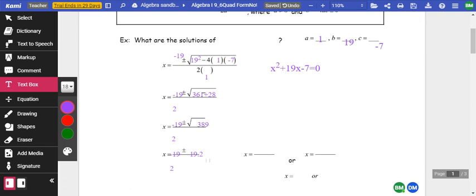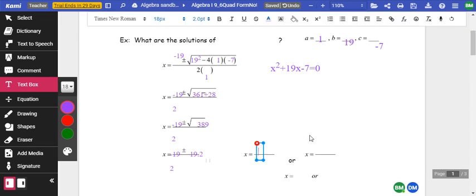I'm just going to divide it by 2, so we've got 0.362. Or we've got negative 19 minus 19.7, divided by 2, and that gives us 19.1.